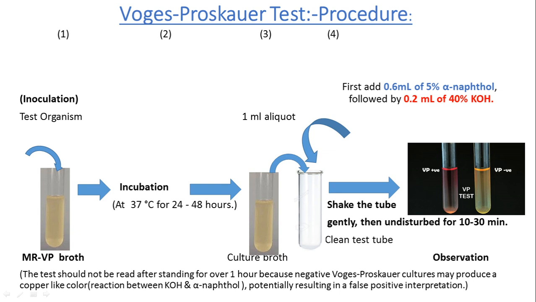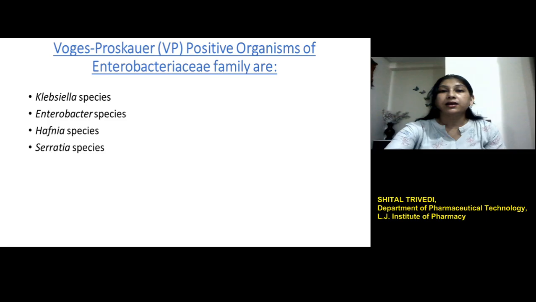But one point to be considered in this case: do not observe the result after 1 hour. Otherwise, what happens? The reaction between the alpha naphthol and KOH results in a copper-like color, which can be mistaken for the color of acetone and results in a false positive interpretation.